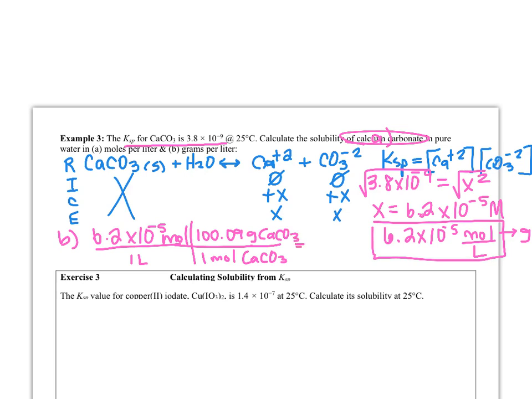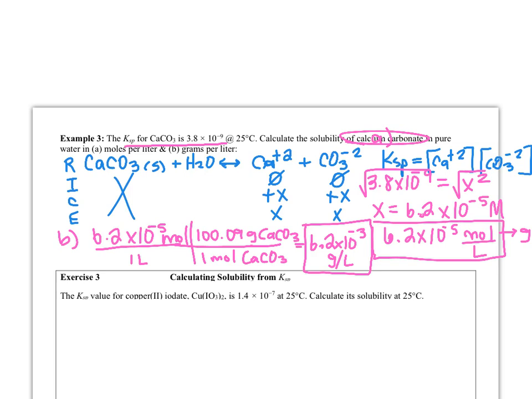So when I multiply that, essentially it's multiplying it by like 100. So it ends up being 6.2 times 10 to the negative, let's see, 3 grams per liter. So this would be my density instead of my molarity. So super easy. We could also have used the dirt over the P, whatever, but that works better for gases.